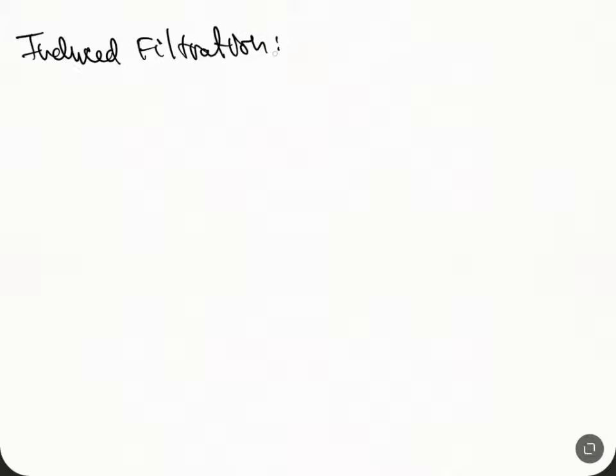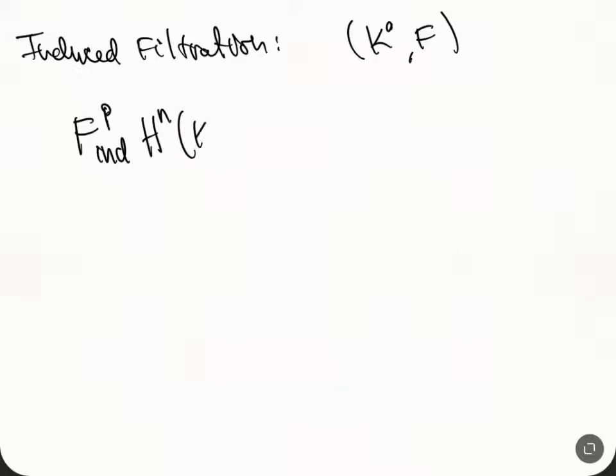We're given this K with its filtration, this decreasing filtration, and we define the induced thing on the pth piece of H^n of K bullet. So this is applied to here.